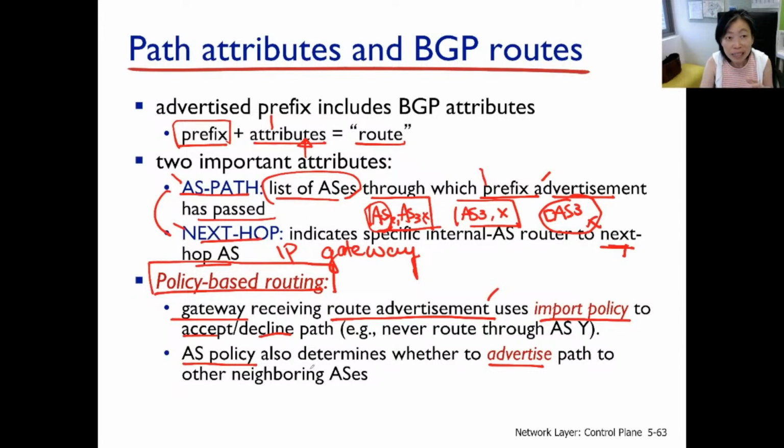Some of them might have complex, very fine-grained policy. For example, if one gateway router connects to two other neighboring ASs, this gateway router might say, I send this particular extended advertisement only to one of the ASs. Policy to import and policy also to export.